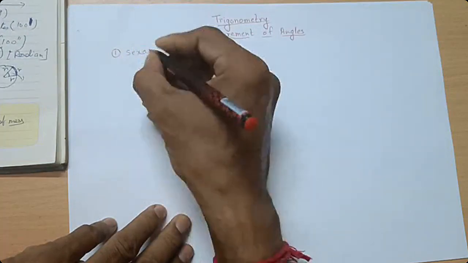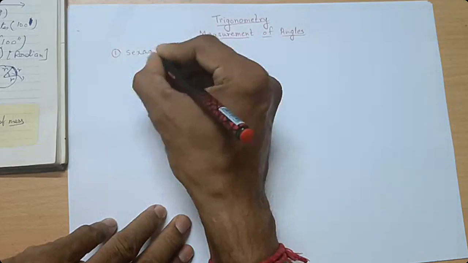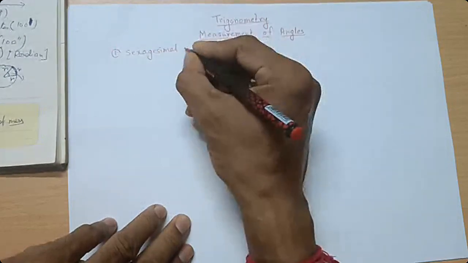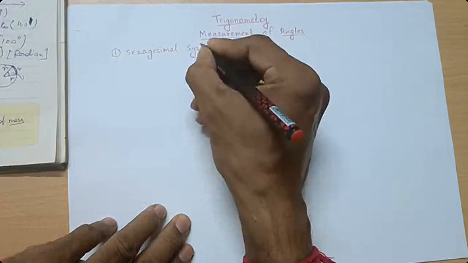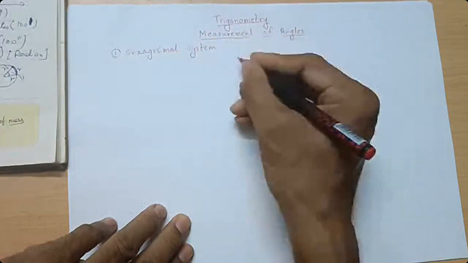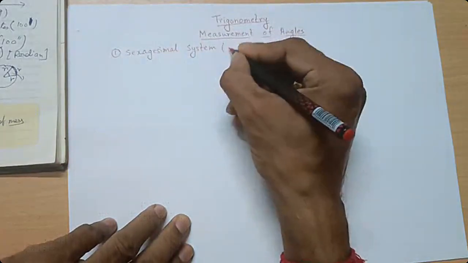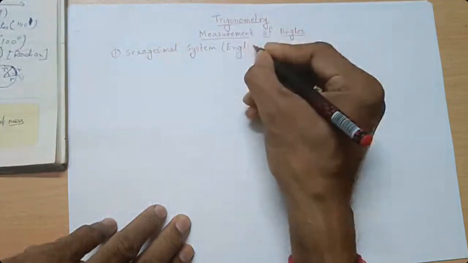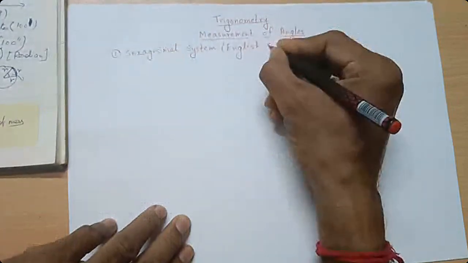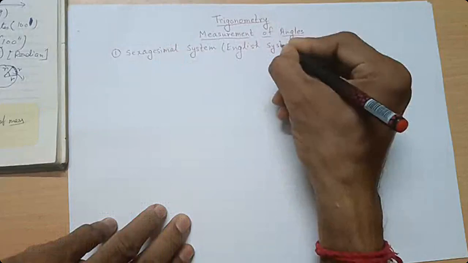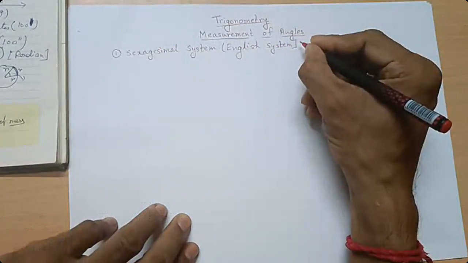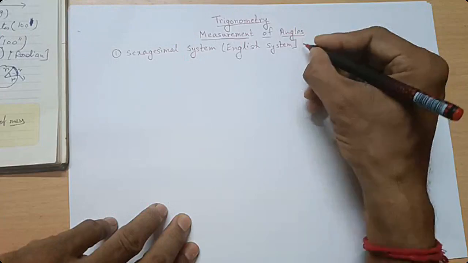The sexagesimal system is also known as the English system, and in this system the angle is measured in degrees.